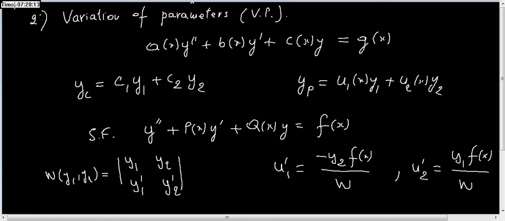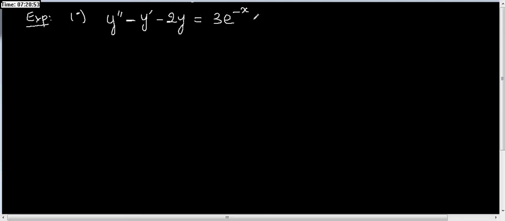Now let's see two examples. Okay, the first one, let's say you are solving the following equation: y'' - y' - 2y = 3e^(-x) - 10 cos x.